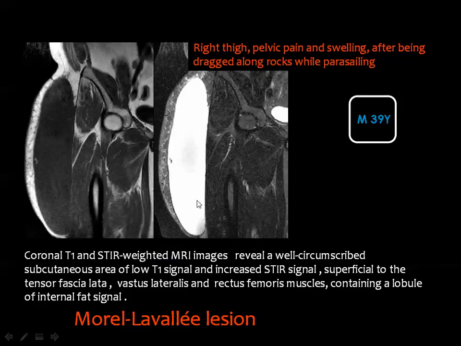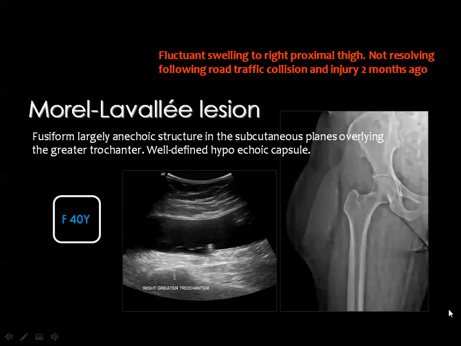This is an example of the lesion where you got a big collection of fluid showing low signal in the T1 and high signal in the T2. This fluid will later on show some changes in the signal due to the aging of its blood content.